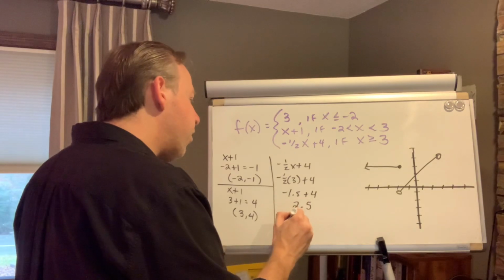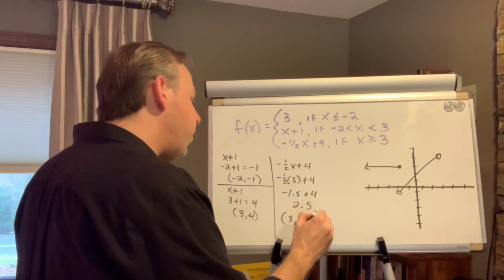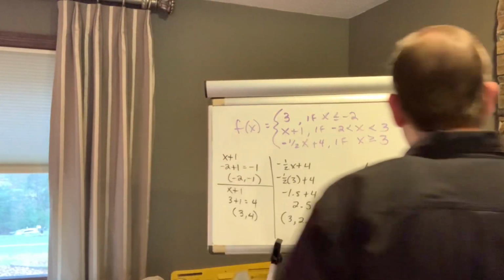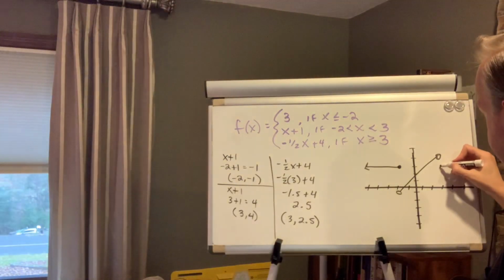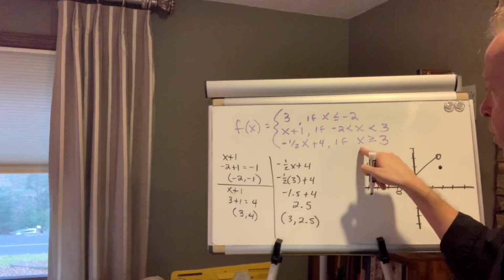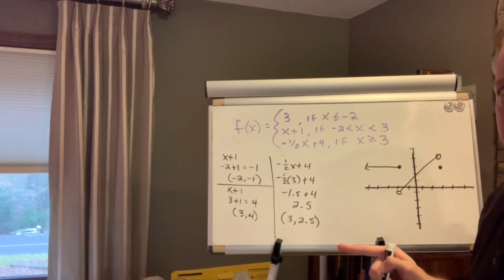So when I plugged in 3, I got 2½ with a closed dot. 3, 2½ is right here. Now, what happens from there? Well, it works for any x that's above 3 also.